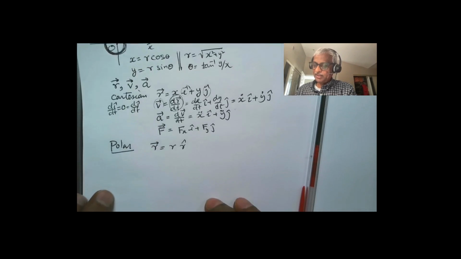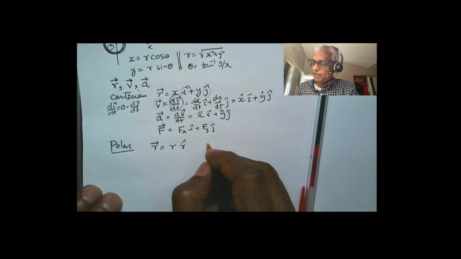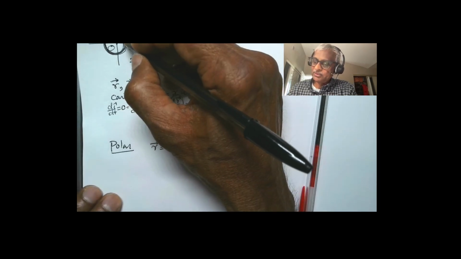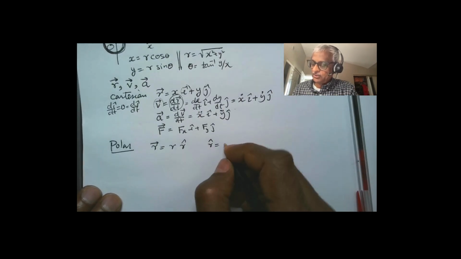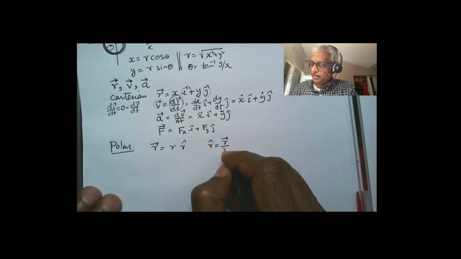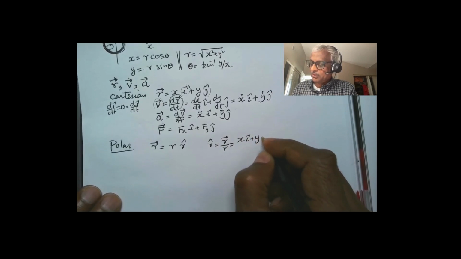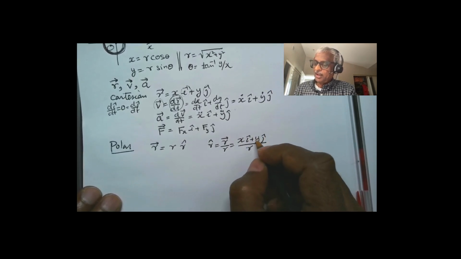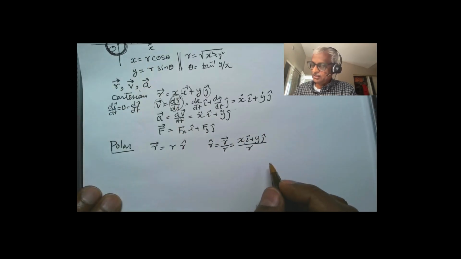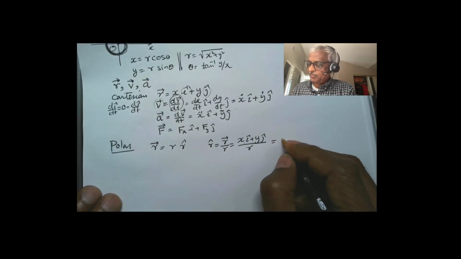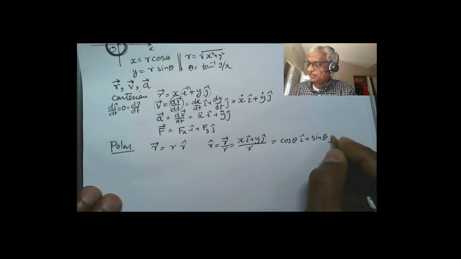As for r hat, you take the vector and divide by its magnitude, so r hat is r vector over r, which is x i hat plus y j hat over r. Putting x equal to r cosine theta and y equal to r sine theta, this simply becomes cosine theta i hat plus sine theta j hat.